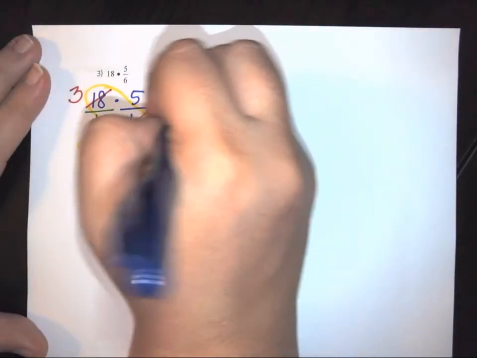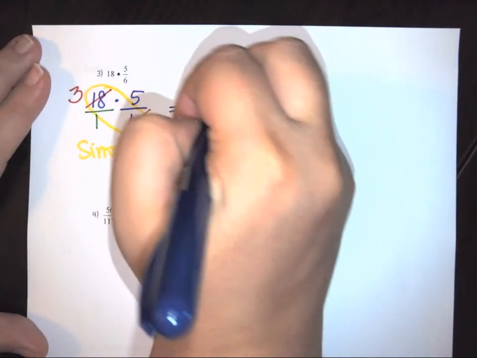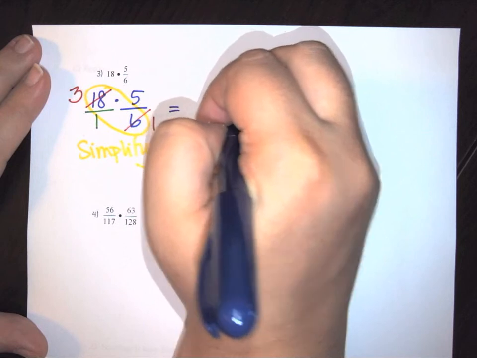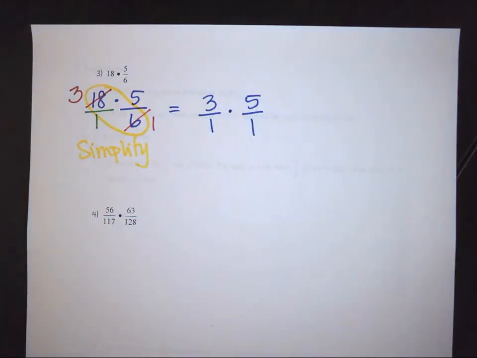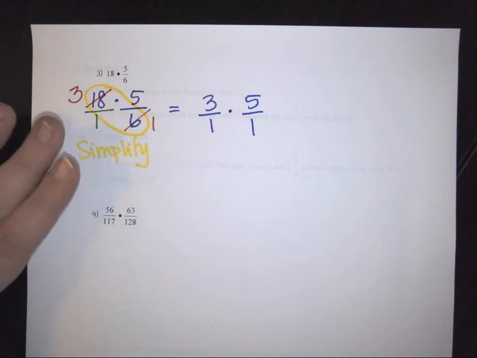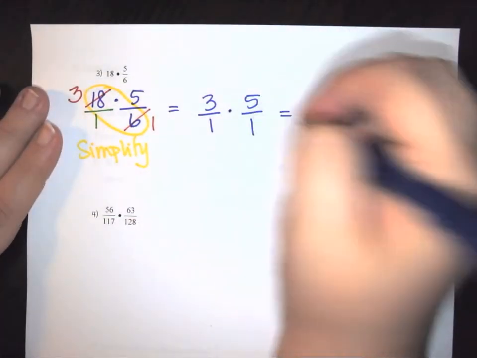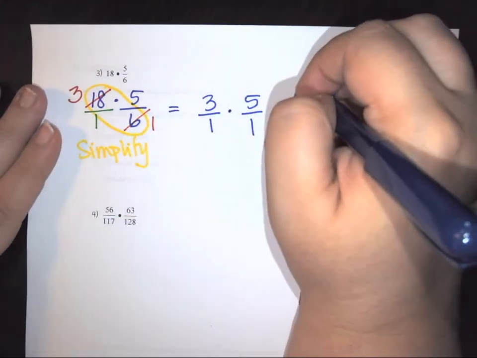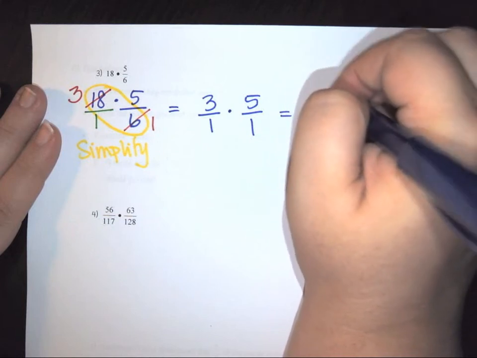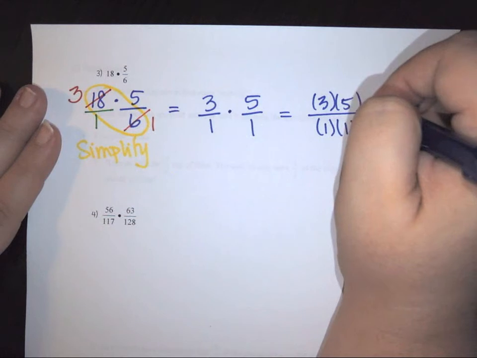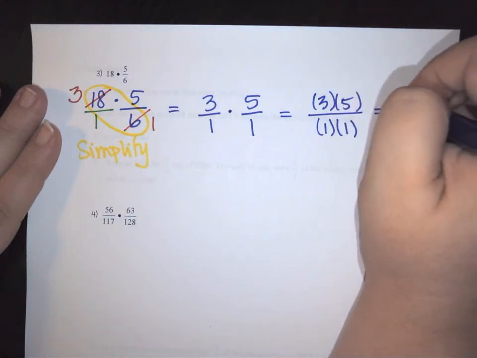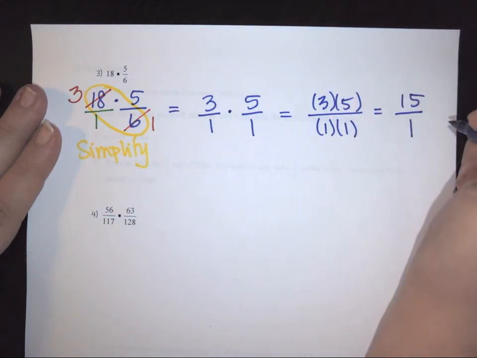Thus, making my new fractions 3 over 1 times 5 over 1. In looking at them, they don't reduce any further, so I'm going to go ahead and do my multiplication step, which says 3 times 5 all over 1 times 1. This is going to give me 15 over 1.